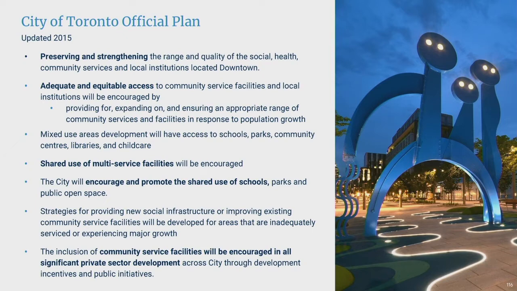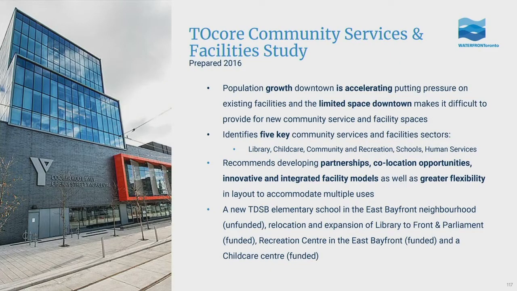When the TO Core work was done, there was a study specifically on community services and facilities that went into more detail, identifying 5 important sectors, where they should be in different areas downtown, and also some of the challenges with providing these, such as the rapidly growing downtown population and how expensive it can often be, given how scarce land is downtown to provide these services. And it suggested certain strategies around this as well, such as partnerships, co-location opportunities, integrated facility models.